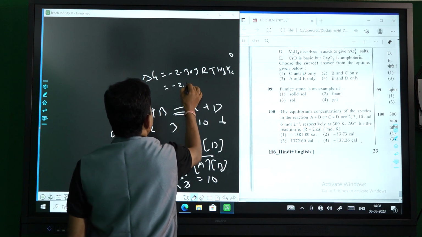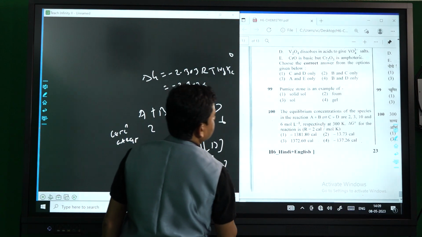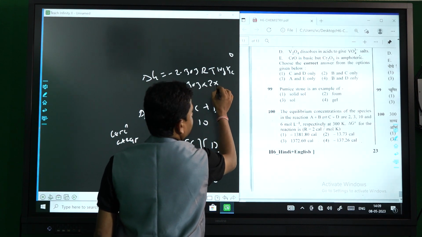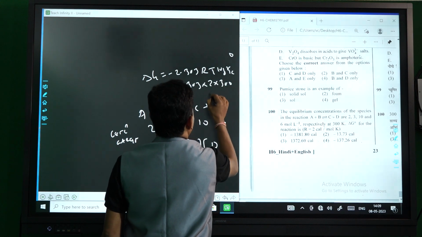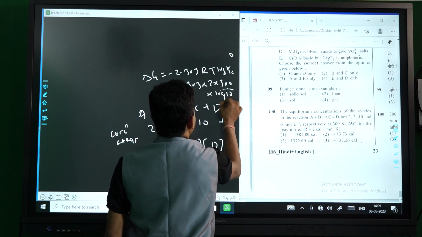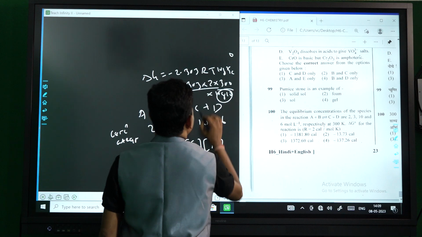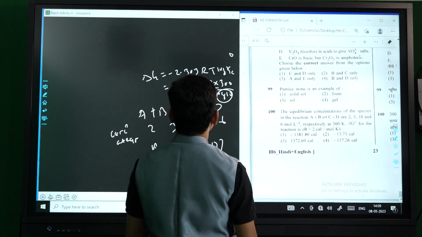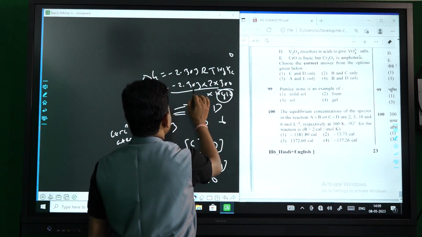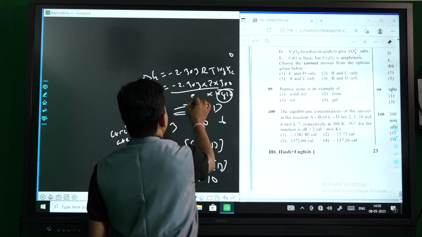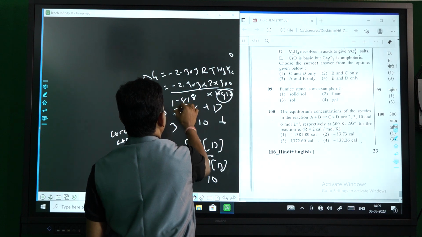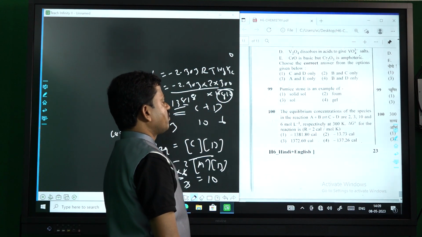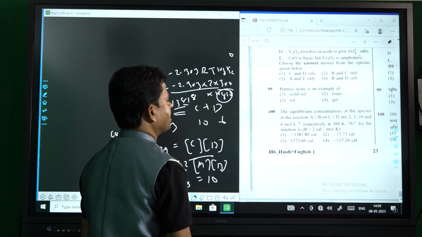R value is given in your question as 2 calories, T is given as 300, and log 10 value is 1. So just multiply, and you get minus 1381.80 calories. Option 1 is correct.